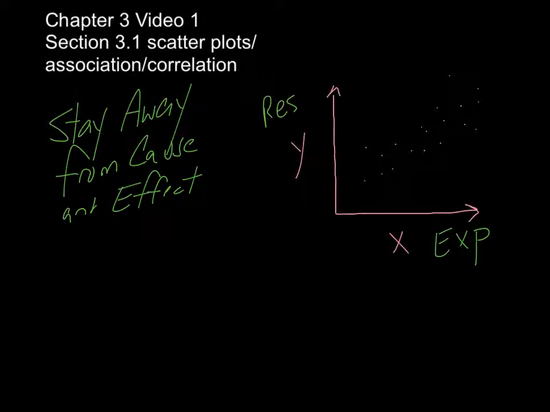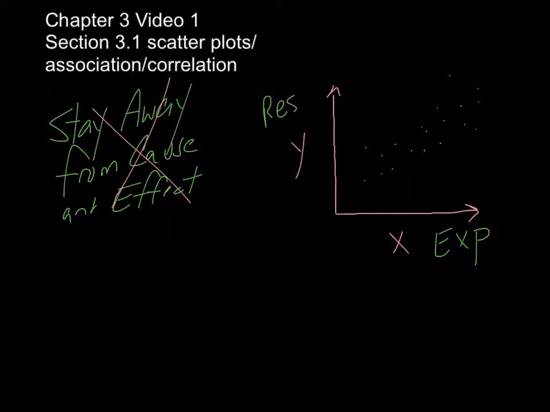The only time we're going to use cause and effect is once we get into chapter 4 and start talking about designing a valid experiment. It's a lot of work to show cause and effect. All we're looking for now is whether there is an association between two variables, and ultimately whether there is correlation, which I want to get to in just a second. So no cause and effect. I do not want you using those words in this chapter. Okay, so X is your explanatory, Y is your response.